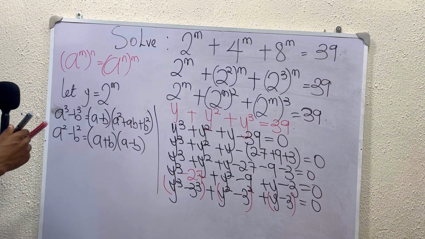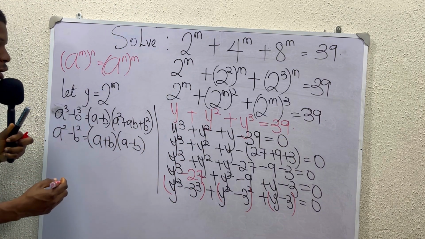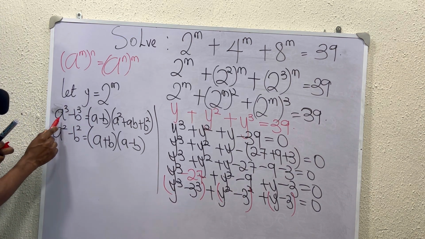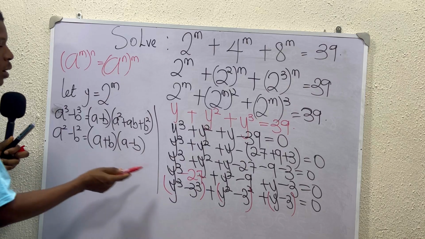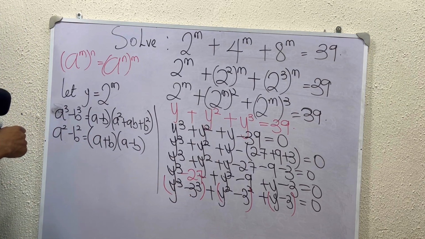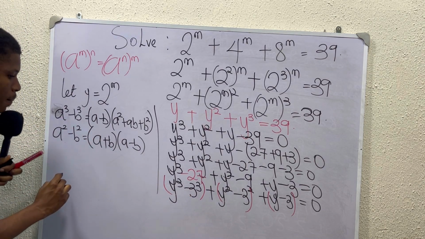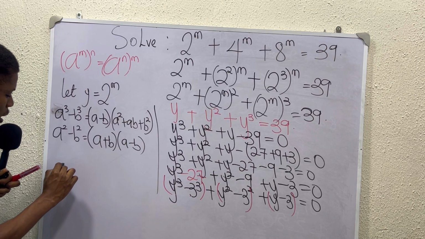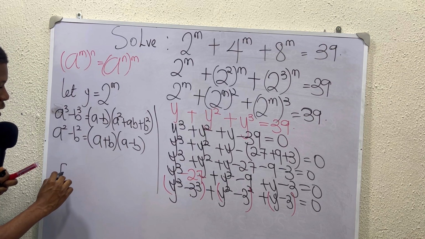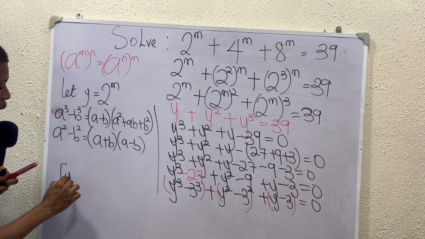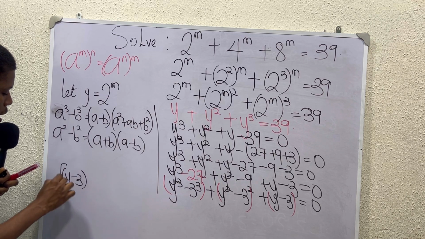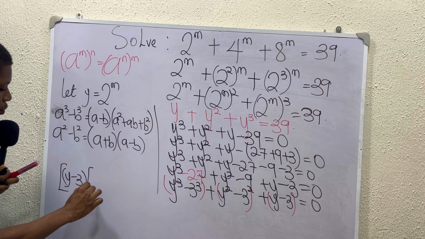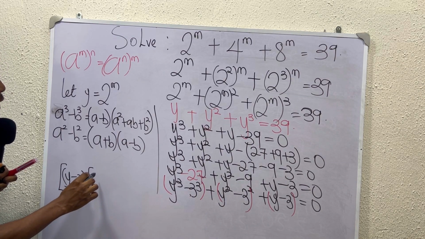Let's apply this particular rule. So what do we have? We have it that our a will now be y, and our b will now be 3. So what do we do? This is very, very simple. We have to do a bracket: y minus 3, because we have already assigned this into y squared.